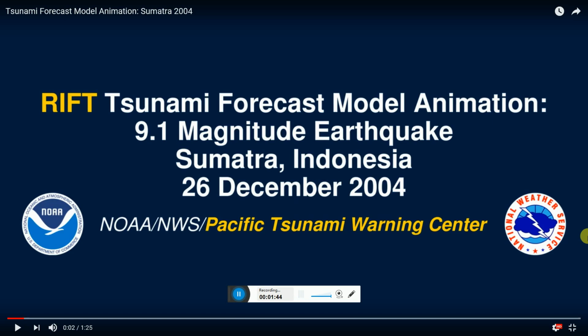No, but anyway, more than 200,000 people died because of this tsunami and earthquake. Most of them, about 170,000 people alone, died in Indonesia itself.